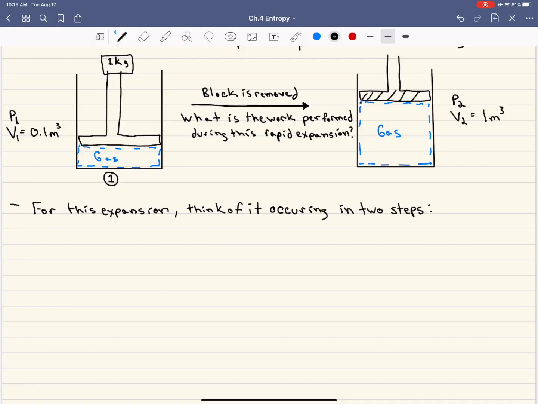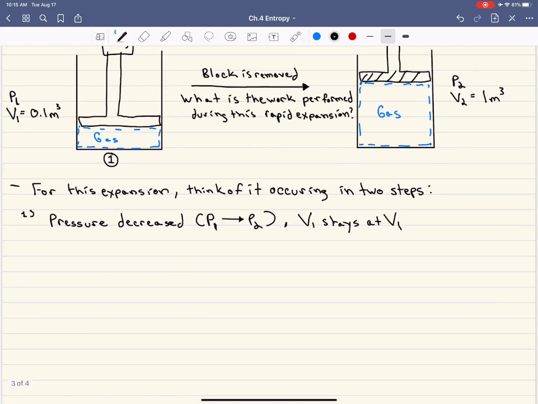In our first step, the pressure is decreased, so that pressure 1 goes to pressure 2. But as the pressure decreases, the volume of the system stays the same. So V1 stays at V1. We're going to say only the pressure changes at first.